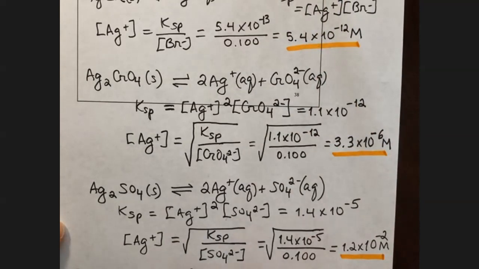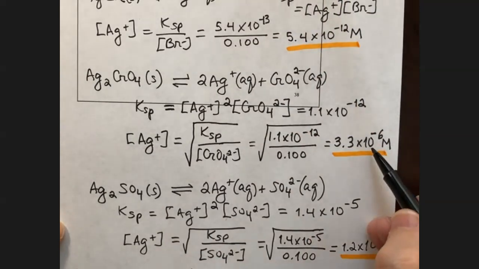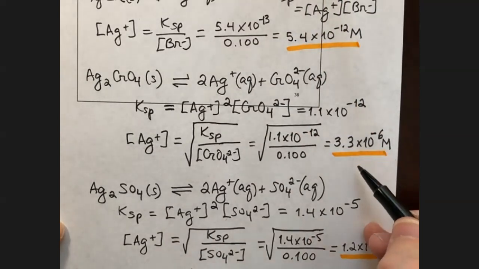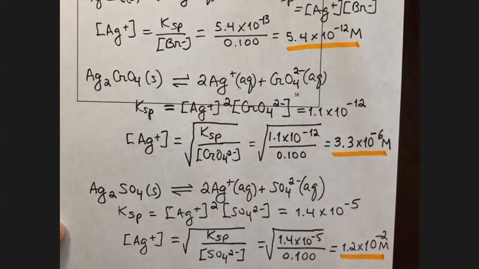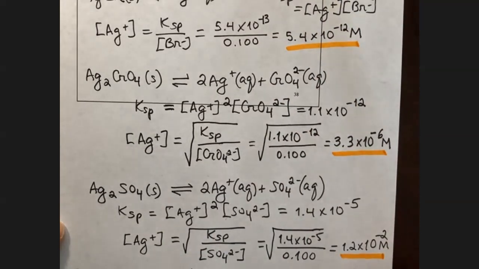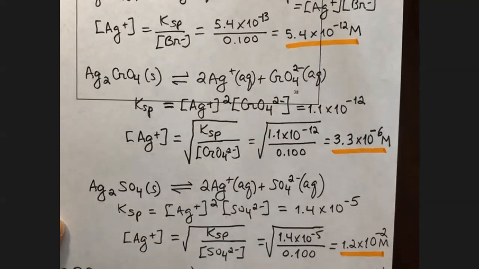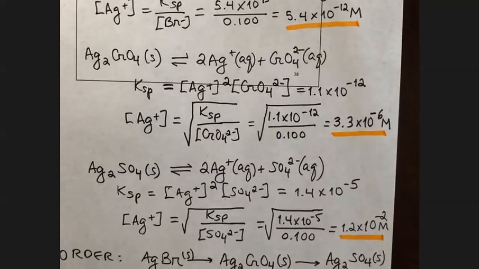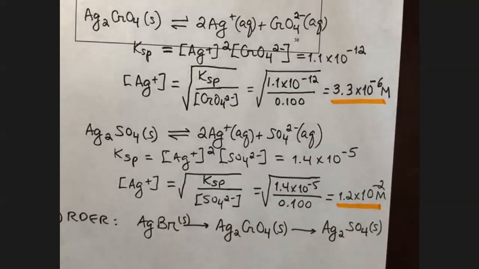We can put this solid here because it precipitates at about 3.3 times 10 to the negative 6. And then it'll be a while before the silver sulfate will begin to precipitate when the silver ion concentration reaches 1.2 times 10 to the minus 2 molar.